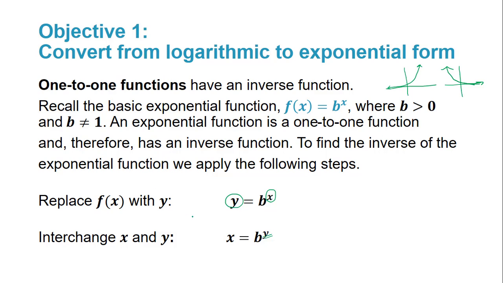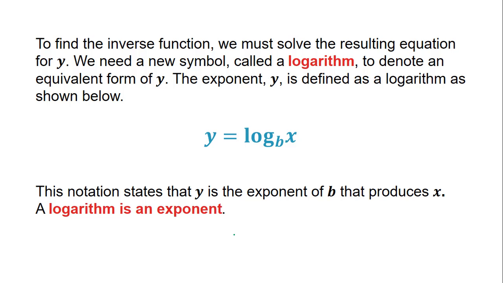But what this is saying is that y is the exponent of b that produces x. And so we actually need a new symbol, and we call it a logarithm, to denote this equivalent form of y. So the way we solve for y is we say that it is equal to log to the base b of x.